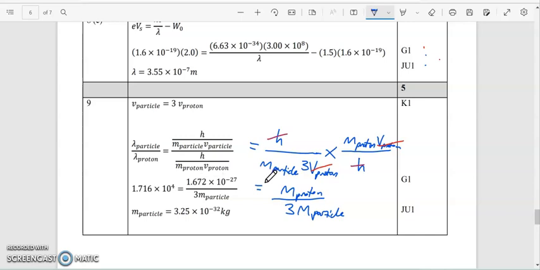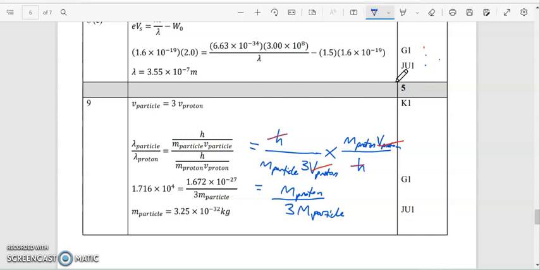The mass of the proton we can find from the list of constants: 1.672 times 10 power of negative 27 kg. Then we just calculate and we get the answer. The mass of the particle is 3.25 times 10 power of negative 32 kg.